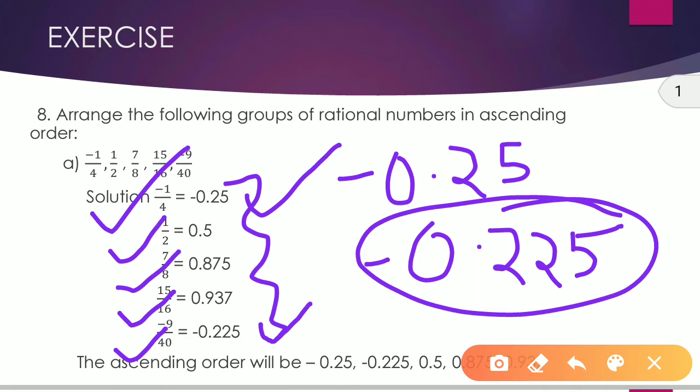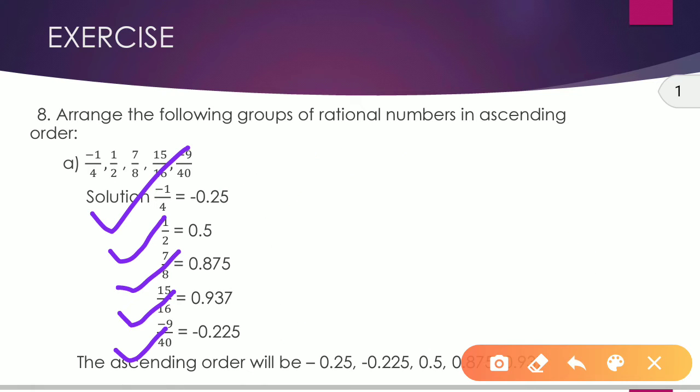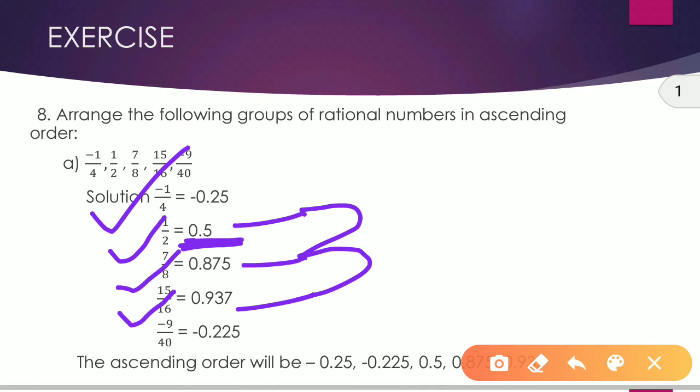Now let's compare the numbers which have the positive sign. Here three numbers are there. Now you have to compare these three numbers to see which has the smallest value. As you can see, this is 0.5, so 0.5 is less than this and this number.